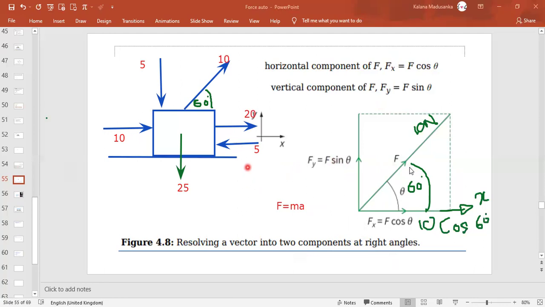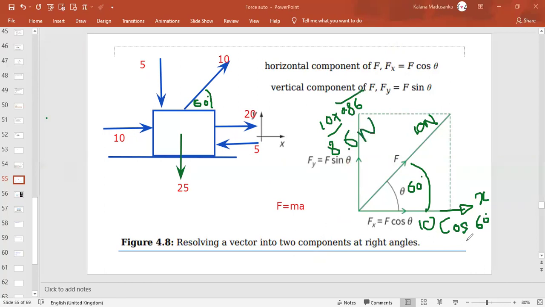And the sine 60 is 0.86. Which means 10 multiplied by 0.86, 10 sine 60, it is 0.86, so it becomes 8.6 newtons.